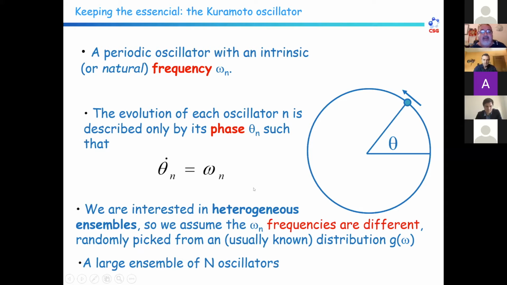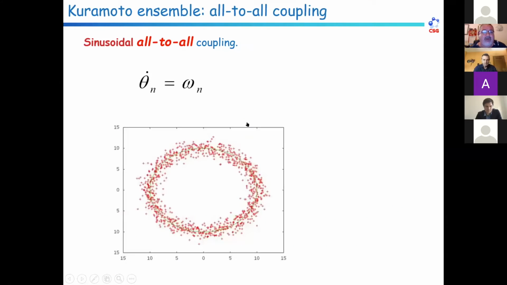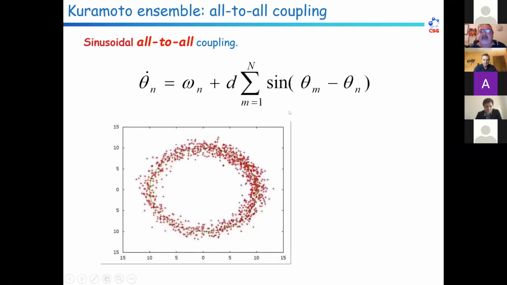And then, when you have such a large ensemble, you couple them, and the coupling that you consider is simply the sum over all the elements of the sine of the phase difference. So each element n is calculating the phase difference between its phase and the phases of the other elements, summing up and multiplying by D, which is the coupling strength.